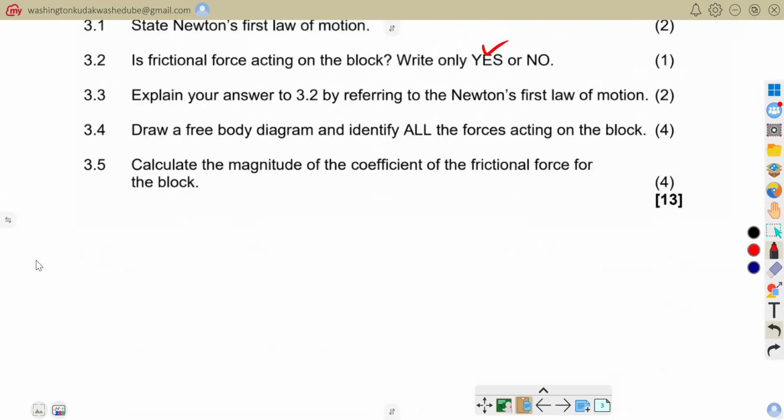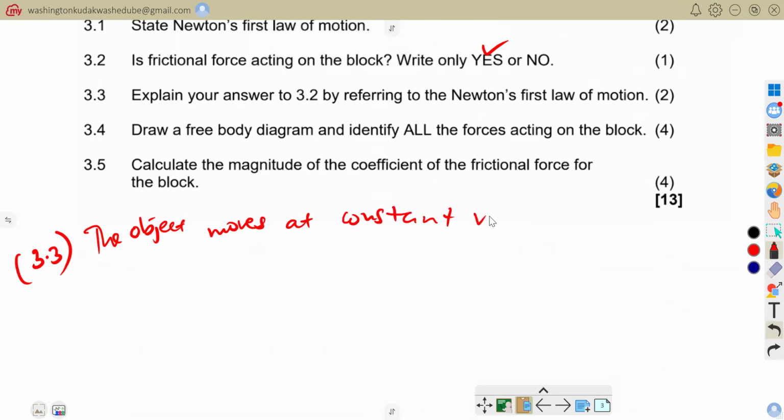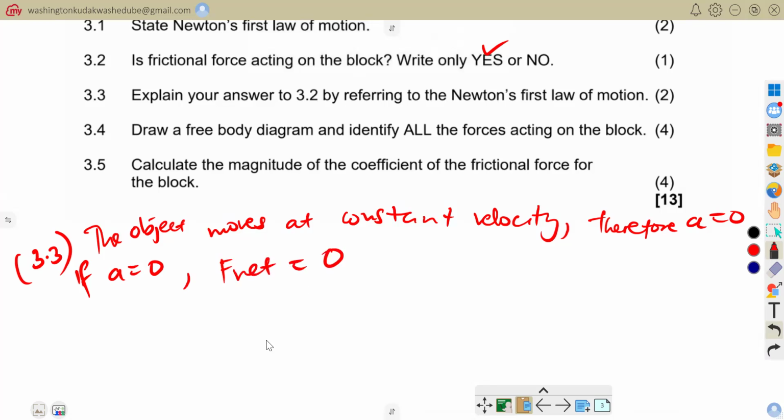For 3.3, you would have said that the object moves at constant velocity, therefore acceleration is equal to zero. If acceleration is equal to zero, net resultant force is also equal to zero.